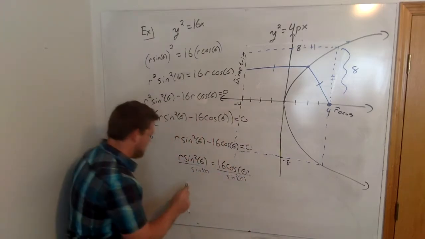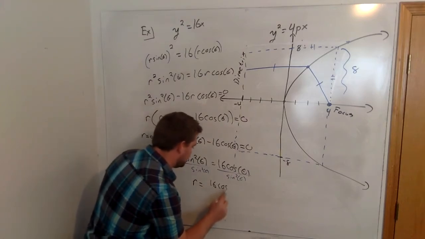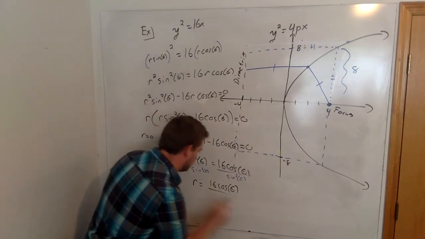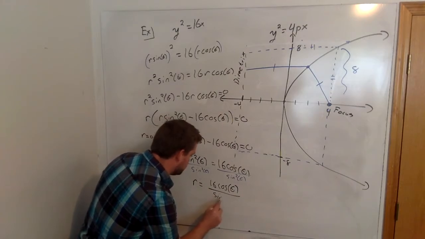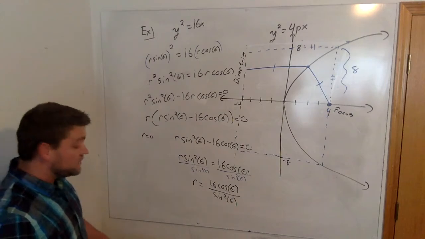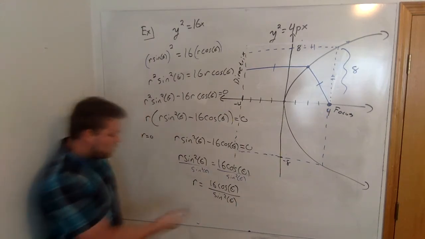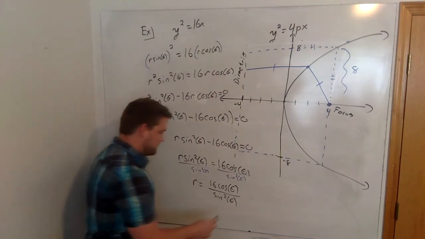So here we'll have that r will be equal to 16 times the cosine of theta all over the sine squared of theta, which is a completely fine form to put it in. I would say 100% credit here, but we could clean this up and write it a little bit differently if we'd like.